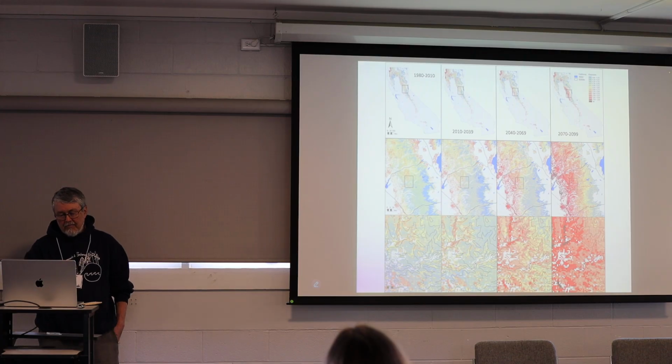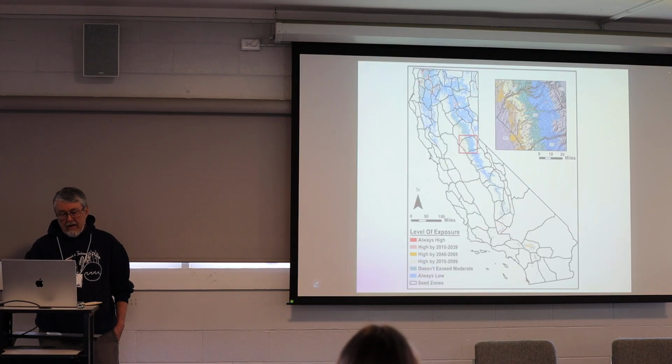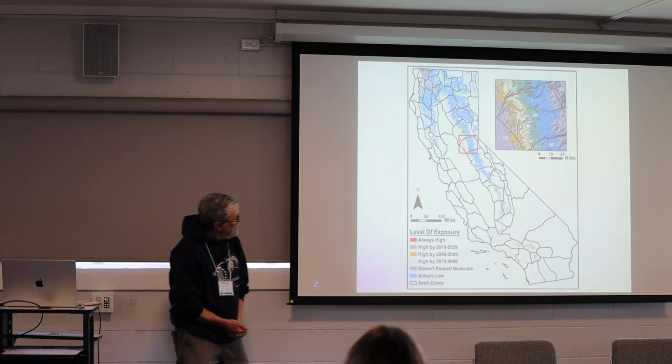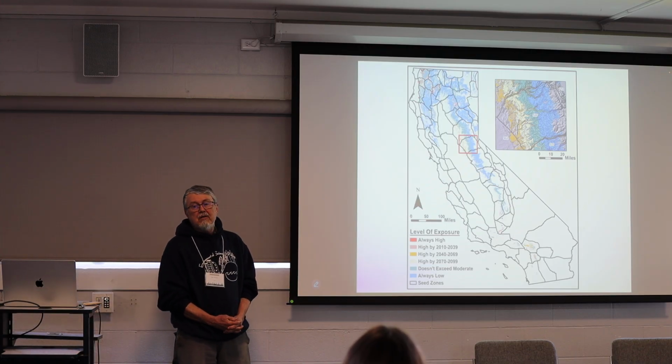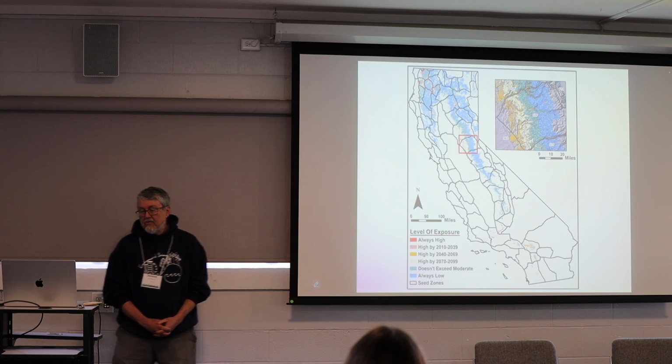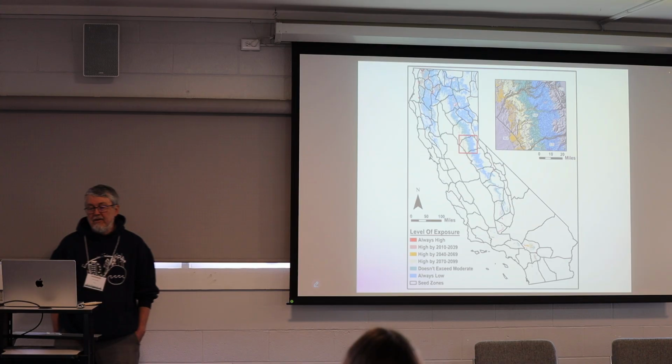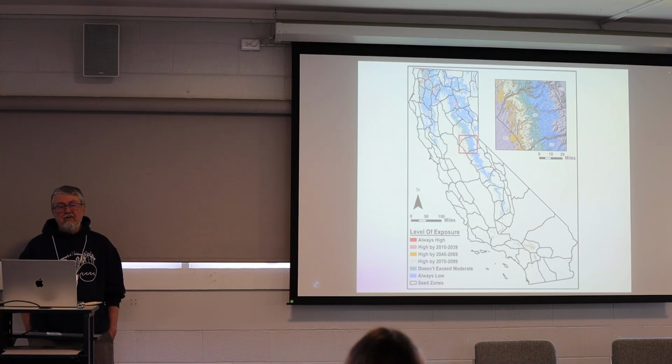This is for Ponderosa pine. And we can take the areas that are in high climatic stress, and then we can transpose that by what time in the future. And so this map is the same range map, but now it's colored by at what time in the future do different parts of the range enter into high stress.